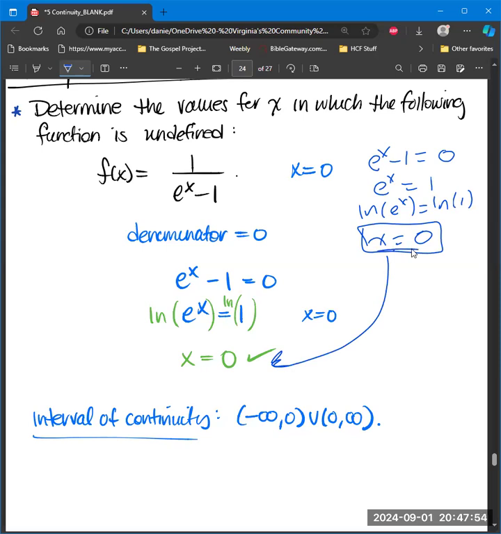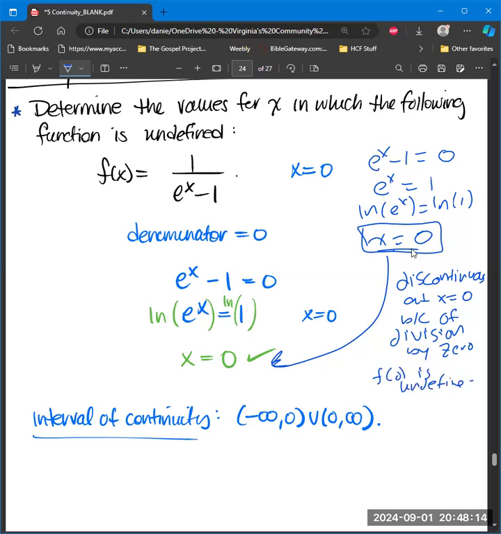So we're going to be discontinuous at x equals 0 because of division by 0. F of 0 is undefined, right? So we have to remove 0 from the domain and we get -infinity to 0 union 0 to infinity.